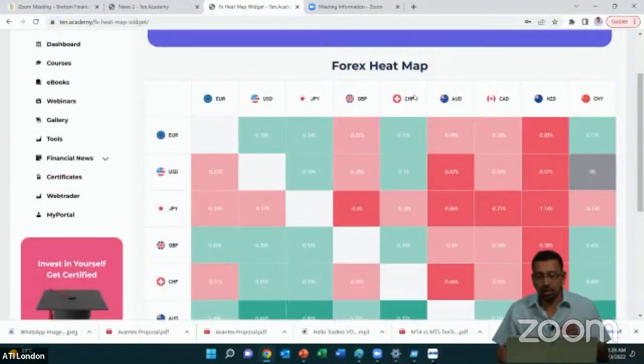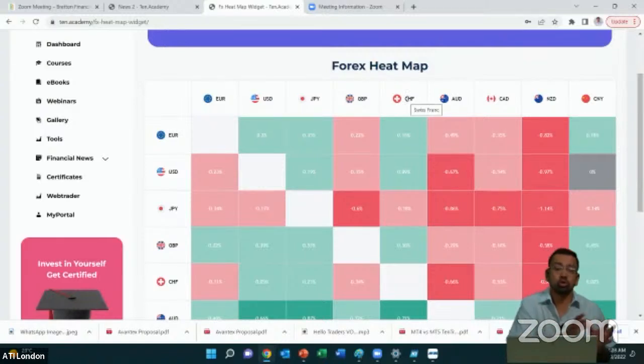The NZD at this moment of time, according to the Forex heat map, is very much bullish against the euro, the USD, the JPY, the GBP, and the CHF. So we need to also look into the economic calendar, take a look at what we are actually expecting on data coming from New Zealand, if any.